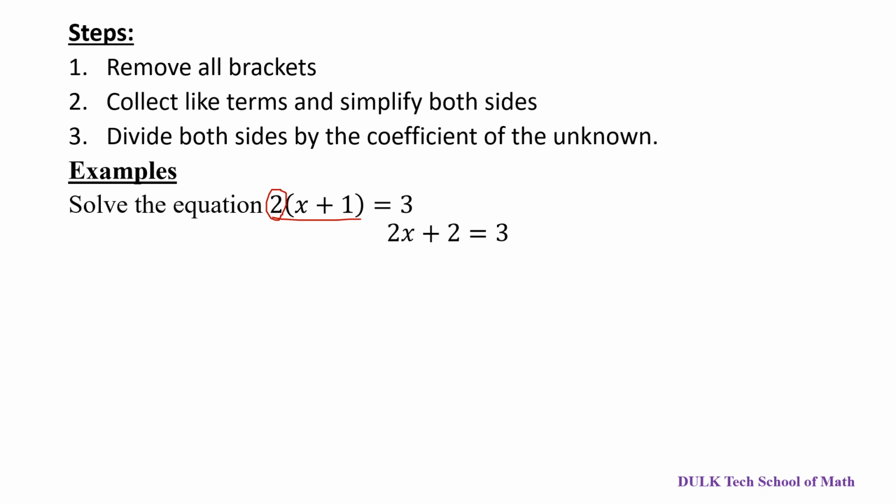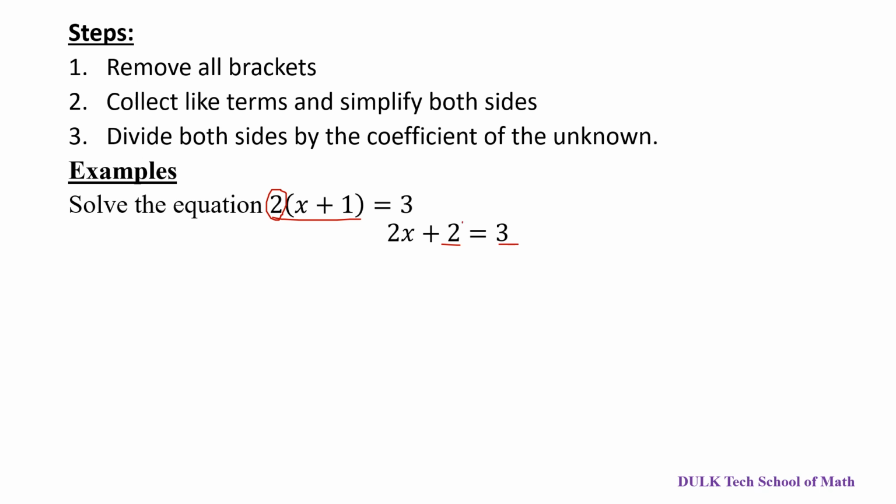Right, now done with the first step, let's move on to the next step, where we'll be collecting like terms and simplifying both sides. Right, in this case we have 2 and 3, which are both independent of x, so these are like terms. 2x is not a like term because that's the only term in terms of x in this equation.